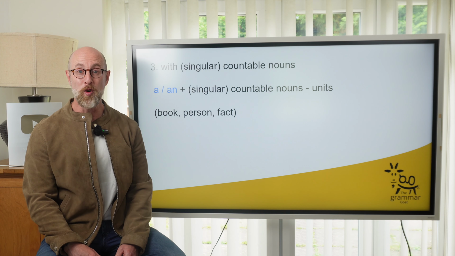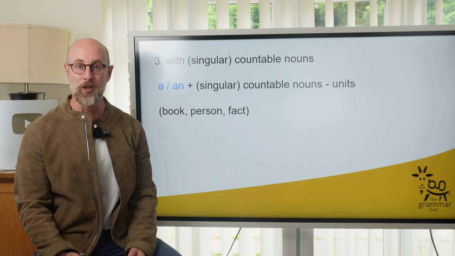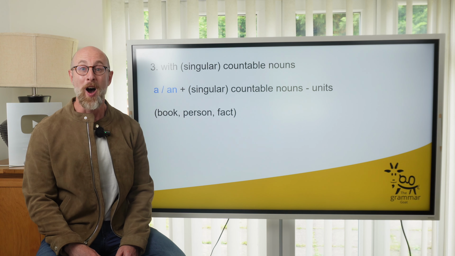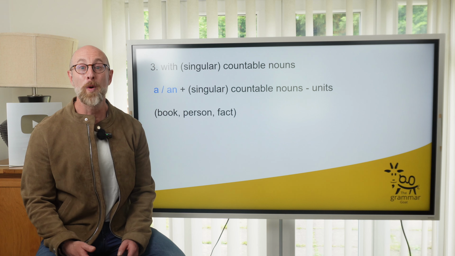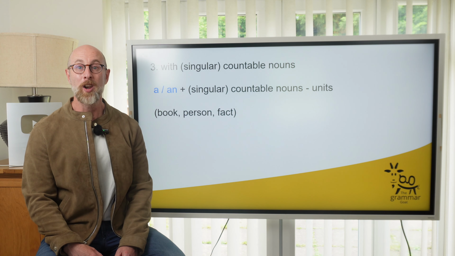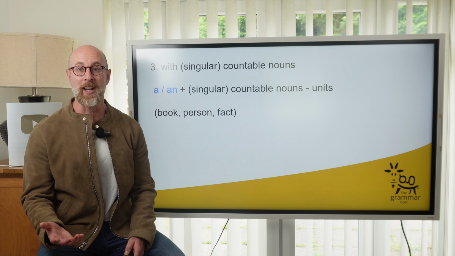Let's move on to rule number 3. This is really important grammar because we use the indefinite article a or an with singular countable nouns, units like a person, a book, a fact.